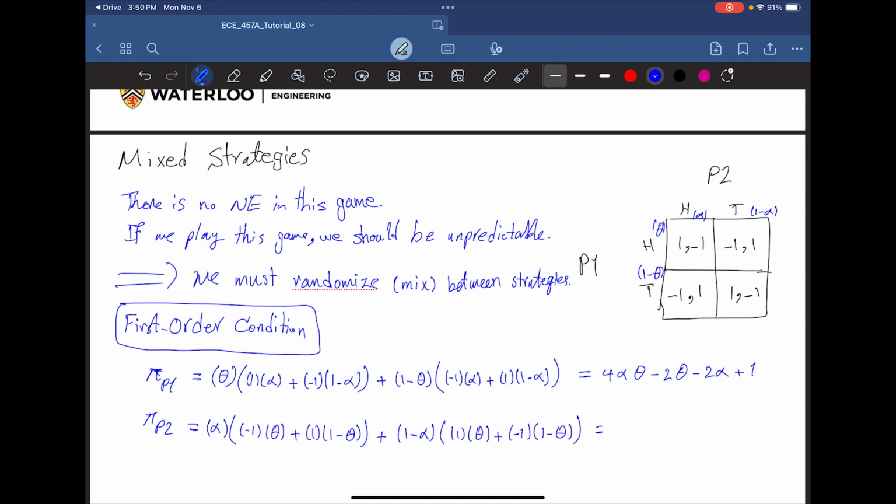And this will result in -4 alpha theta plus 2 theta plus 2 alpha minus 1. Okay.